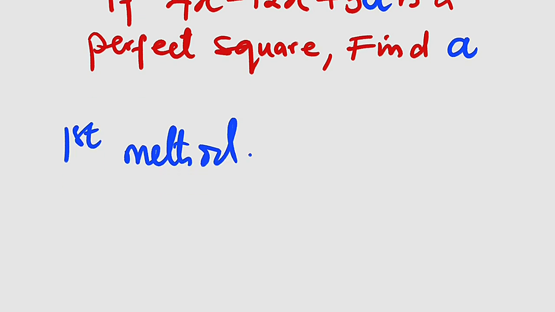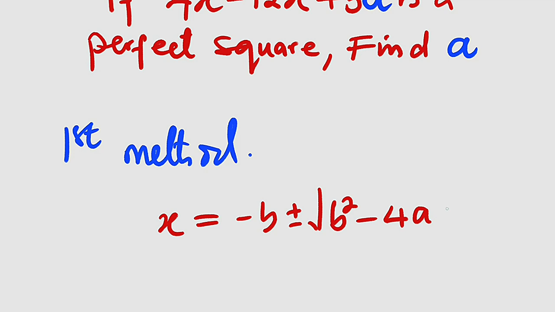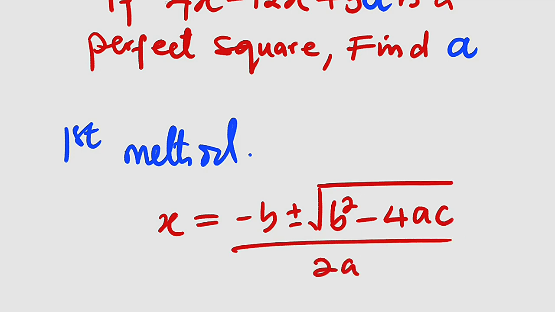In the first method, remember the formula for solving quadratic equations, which is given as what? x equals minus b plus or minus the square root of b squared minus 4ac, divided by 2a. So the radicand b squared minus 4ac is what we call the discriminant.